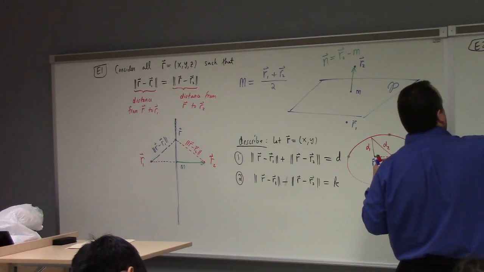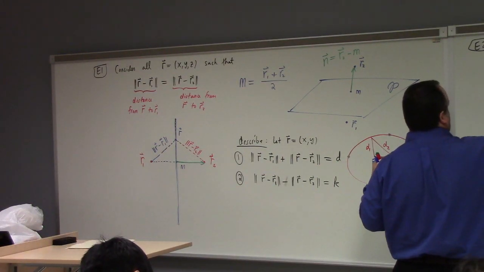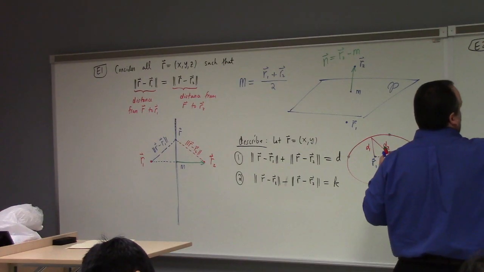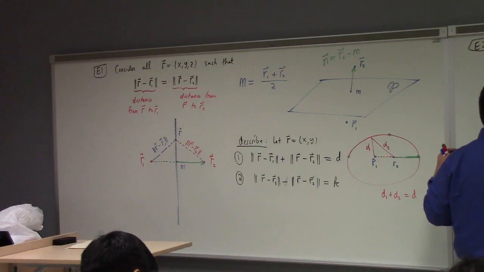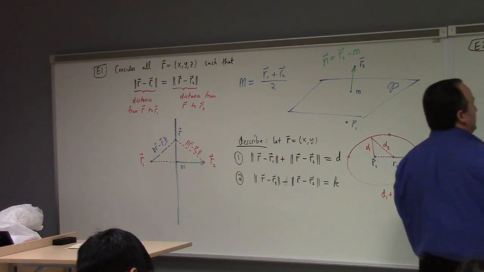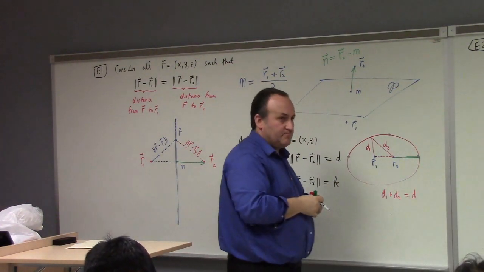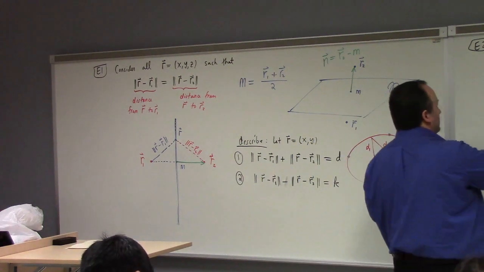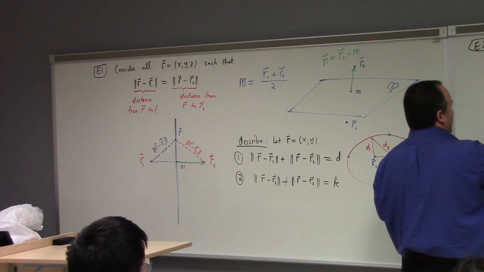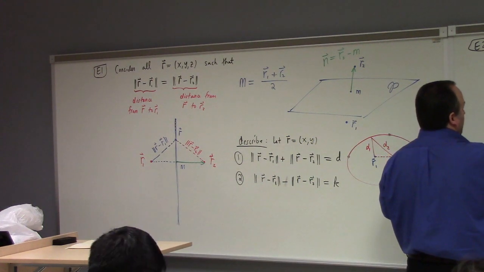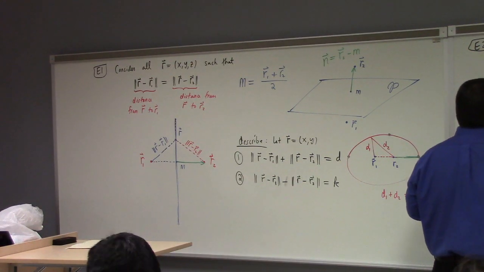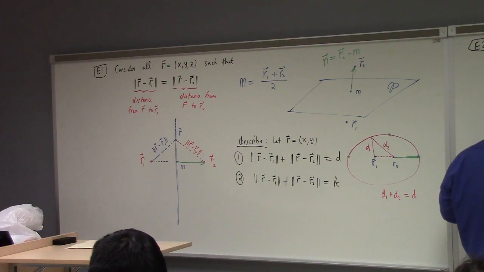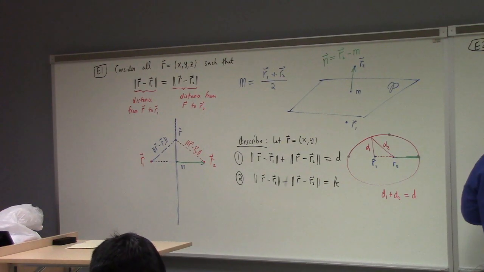And let us actually study what it looks like to say the distance from R to R1 minus the distance from R to R2 is equal to 1. Let's work out what this actually is. So here, we're looking at the length of (x, y) minus (1, 1) minus the length of (x, y) minus (-1, -1), right?